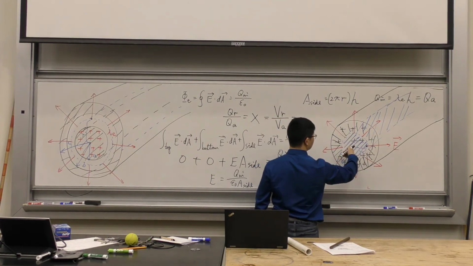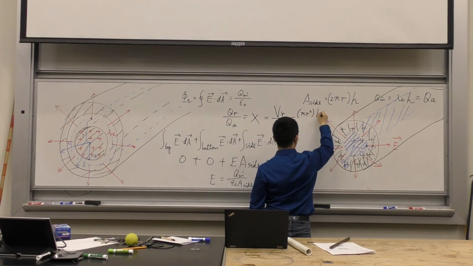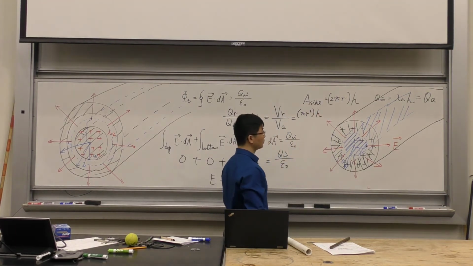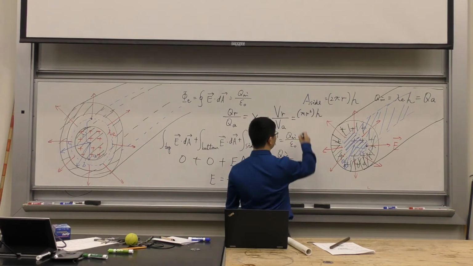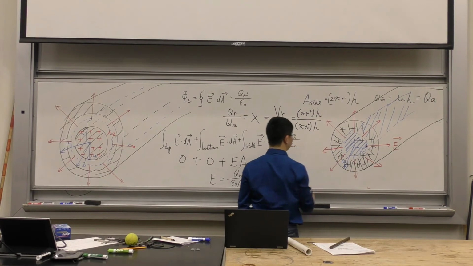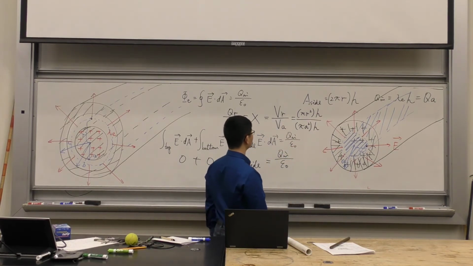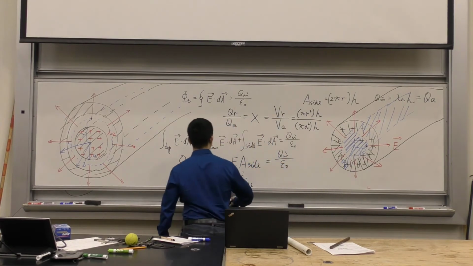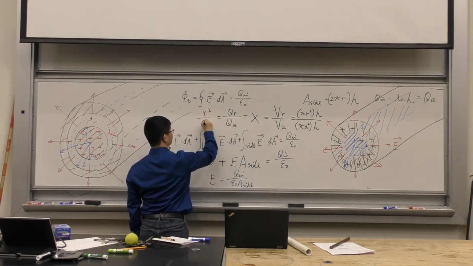That's the base times the height, pi r squared times h. What is the volume of the big cylinder, the real one with radius a? Pi a squared times h. Now if you cancel them, what do you get? You get this ratio equals r squared over a squared.